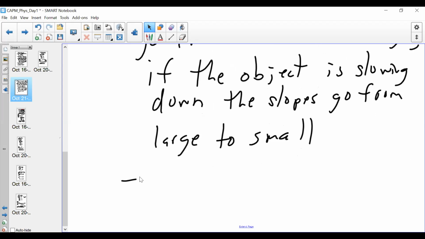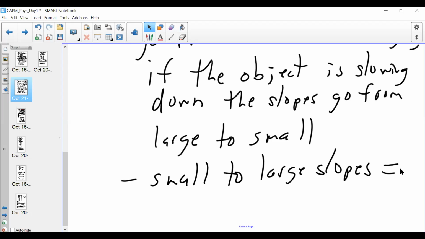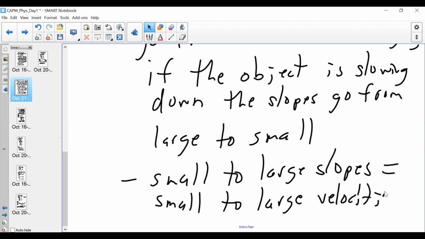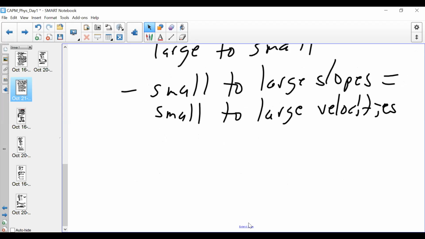Now, small to large slopes equal small to large velocities by definition, as we defined it at the top.